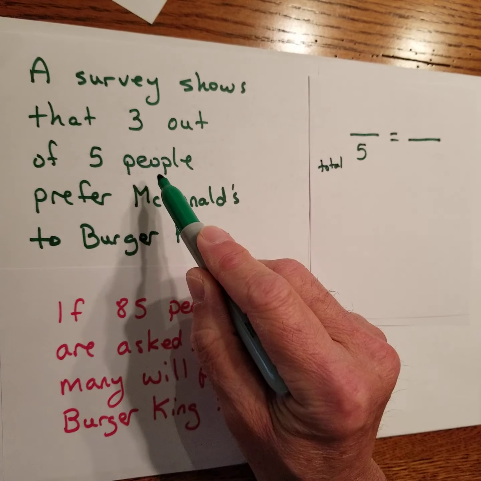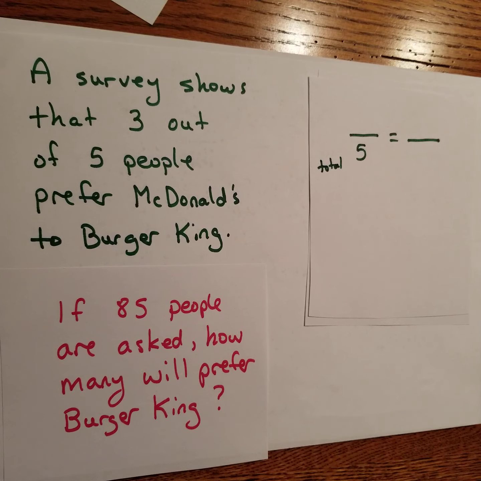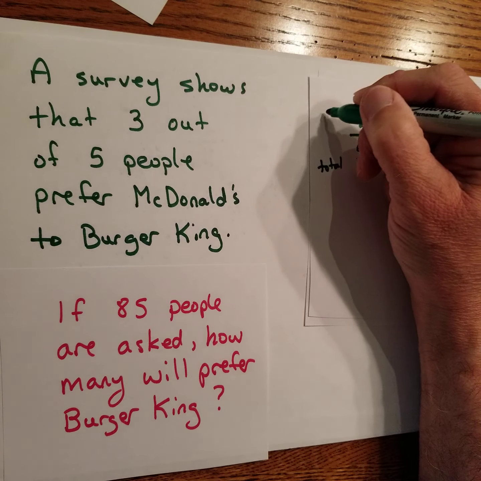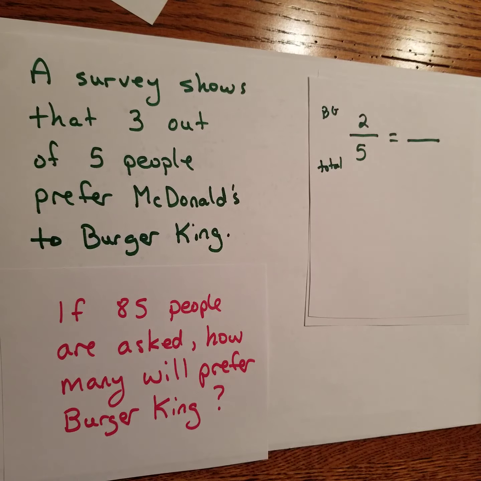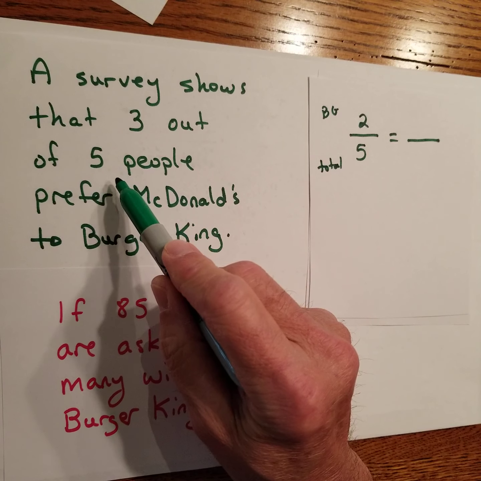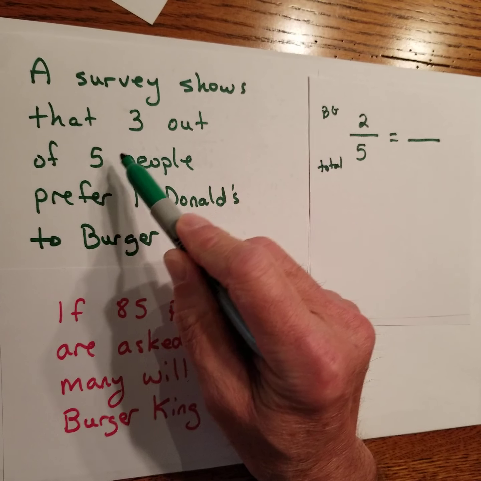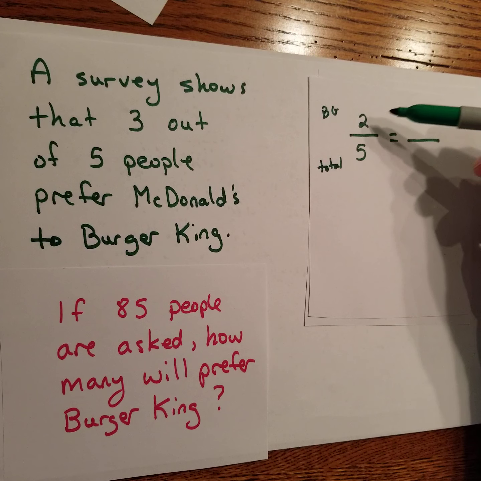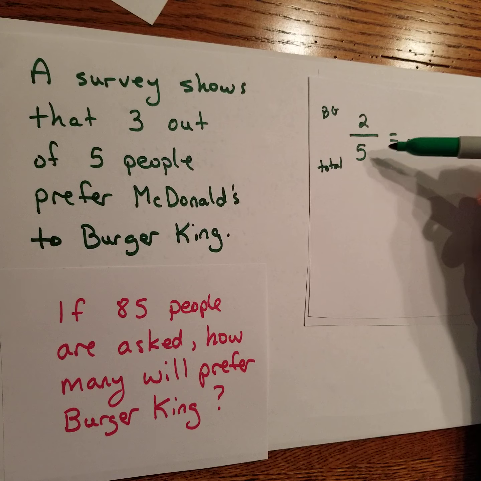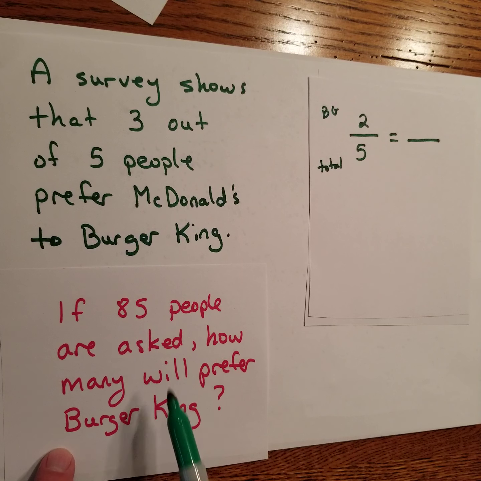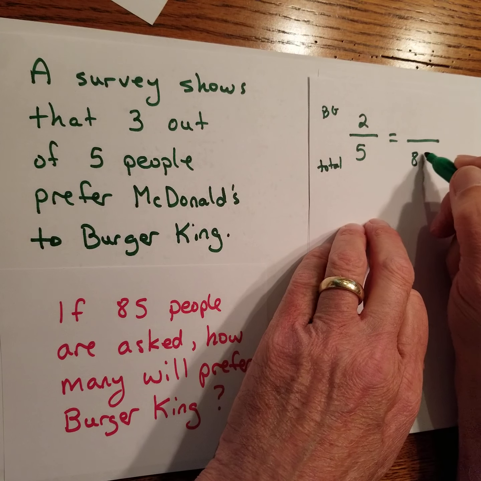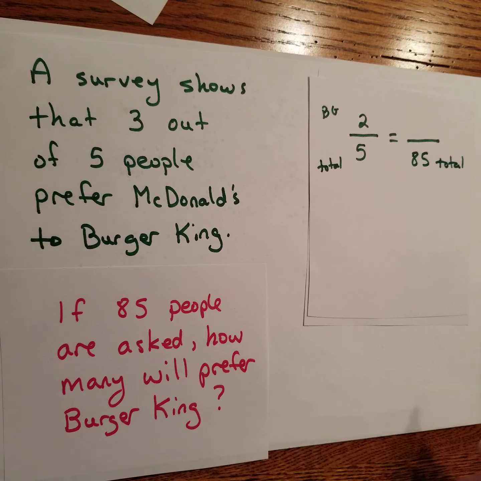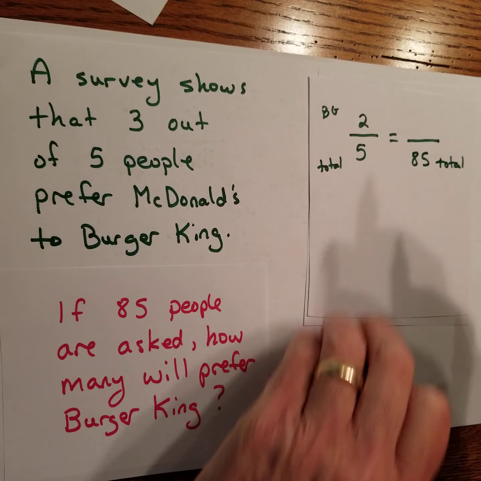Now, if 3 out of 5 prefer McDonald's to Burger King, doesn't that mean that 2 out of 5 prefer Burger King? 5 people total, 3 like McDonald's, 5 minus 3 is 2 that like Burger King. 2 out of 5 like Burger King. 85 people are asked. That's total. And the final question, how many will prefer Burger King?